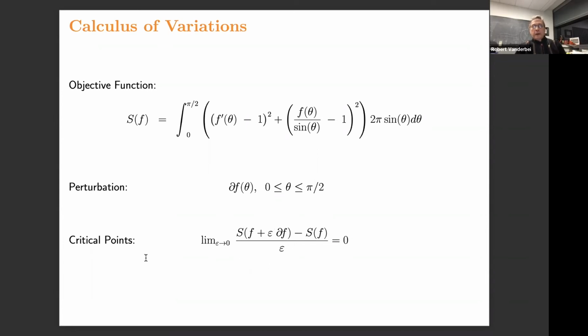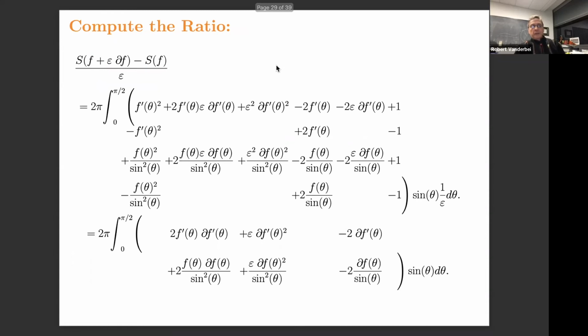And a critical point in the world of calculus are places where the derivative, the vector of all derivatives, is equal to 0. And so if this is equal to 0 for all delta F's, then this is a critical point. And that's what we want to find, because when you're optimizing, optimal points are at critical points. So that's what we want to do.